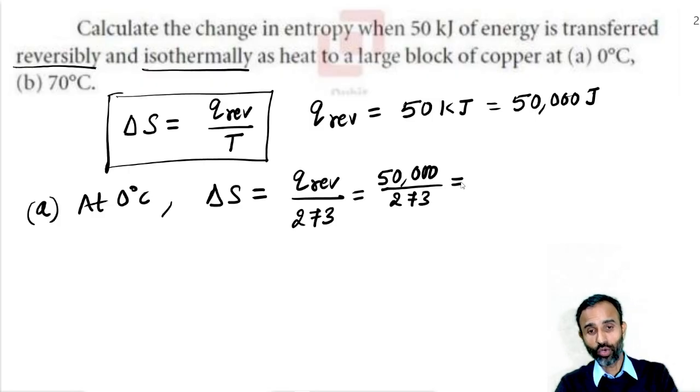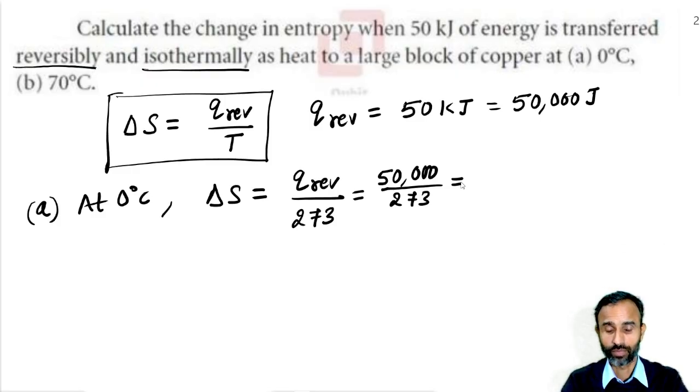Why do we go like this? Because in this case V2, V1 is not given. n is not given. So we don't have to calculate that, we directly know that. Yes, because heat is given, just apply this second law of thermodynamics. Temperature is mentioned.